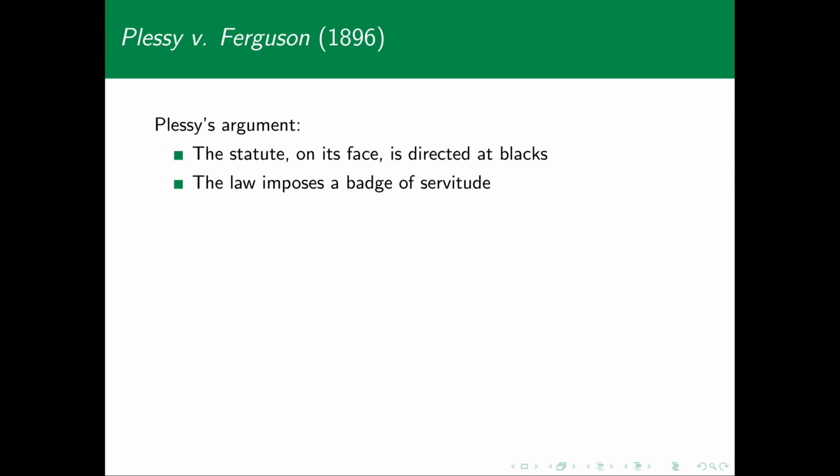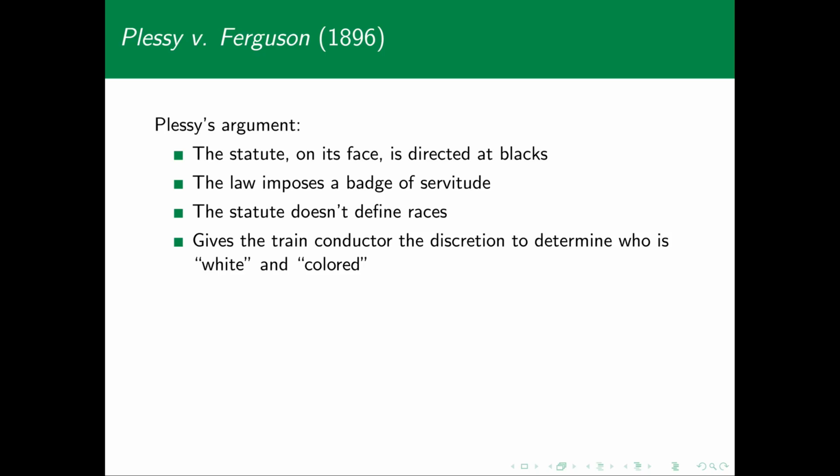The statute also doesn't define races, which means that it's not narrowly tailored. So even though it is on its face directed at blacks, it's not sort of in the letter of the law, and that's problematic because they need to be narrowly tailored laws. And the other problem is that this can be enforced in a discriminatory manner because the train conductor has discretion over who is considered white and who's considered colored. So not only is it not narrowly tailored, it offers a little too much discretion.